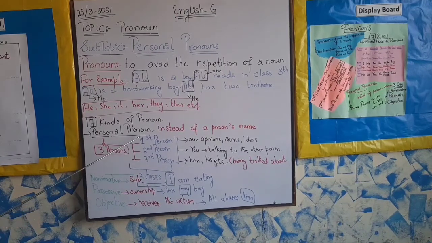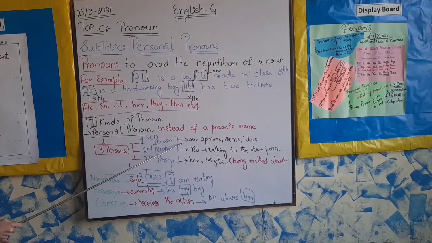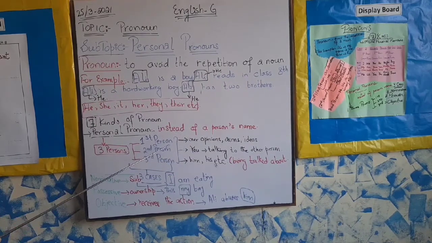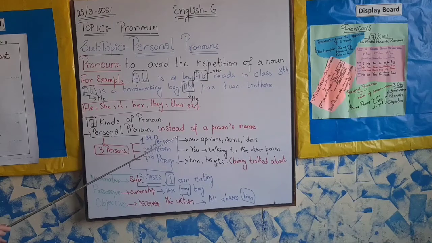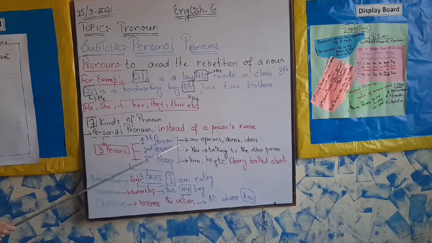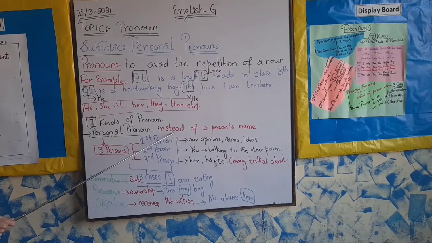Okay. Now what is first person? When we are talking about our personal opinions, our own ideas, our family, our belongings, we use I, me, my, us, etc. And for the second person we use you. Two are having a conversation.